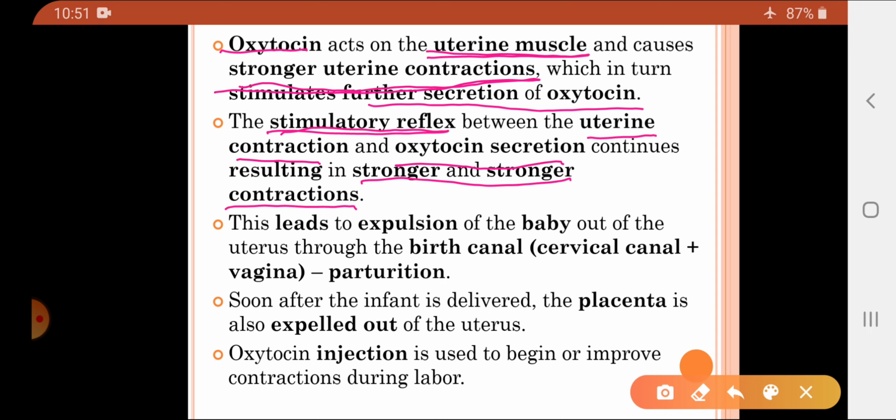First of all, there is the fetal ejection reflex, which was due to the mild contractions in the uterus. These mild contractions in the uterus are responsible for the release of oxytocin. Release of oxytocin is causing the stronger uterine contractions.